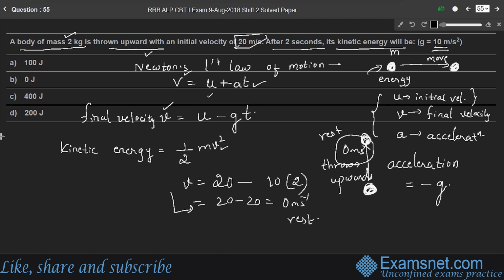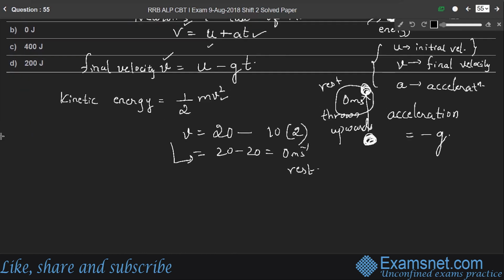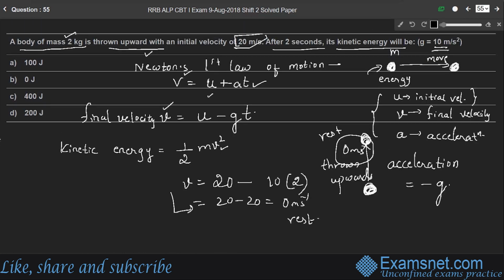That means at first the body was thrown upward. After 2 seconds, the body came to rest, not particularly on the ground, but somewhere. So here final velocity is 0. Therefore, kinetic energy is equal to half mv square.